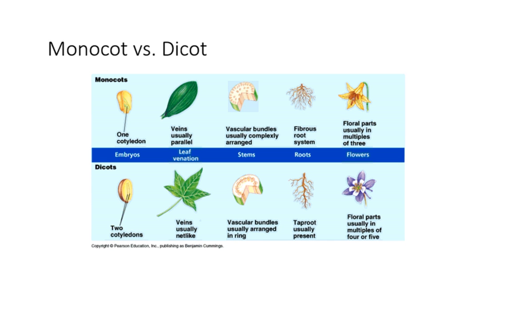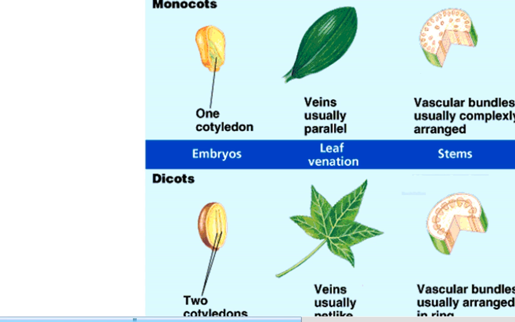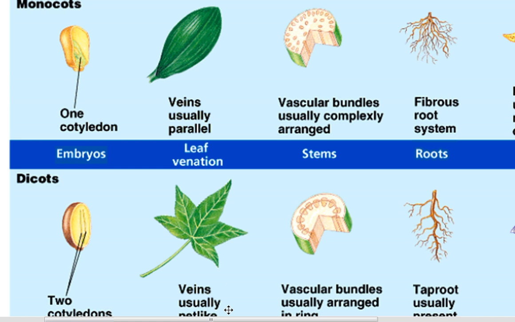All right, a couple other concepts here. Monocot versus dicot. This is another classification of plants. So we have monocots, and a monocot has one monocotyledon, which is where the cot comes from. Cotyledon is the first leaf that comes from the plant, and so a monocot is a plant that comes up out of the ground with just one little leaf.